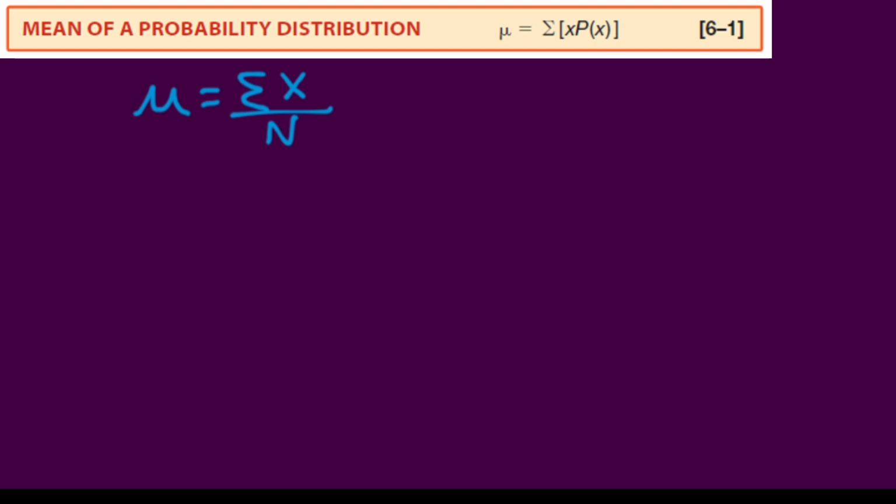In an additional video, we'll walk through both of those at the same time and highlight that they really are doing the same thing. So let's set that concept aside for a moment, and we're just going to go ahead and use this equation and calculate the mean of our single die roll.